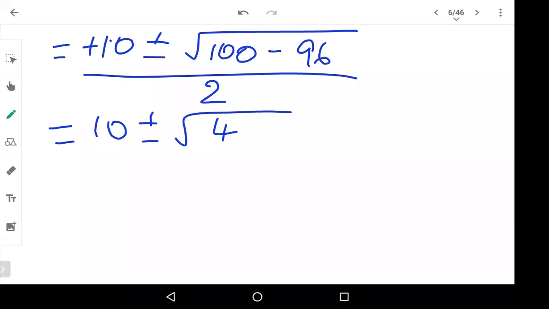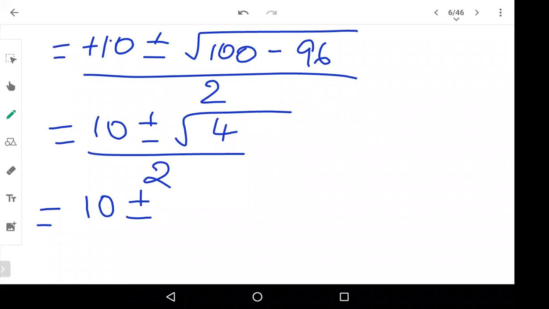Is equal to 10 plus or minus square root of 4. 100 minus 96 is 4. So 10 plus or minus square root of 4, which is 2, by 2. So therefore x is equal to 10 plus 2 by 2 or x is equal to 10 minus 2 by 2.